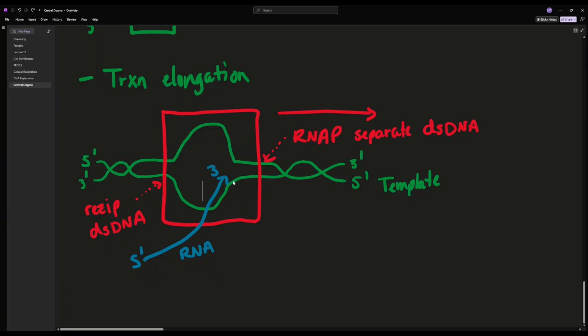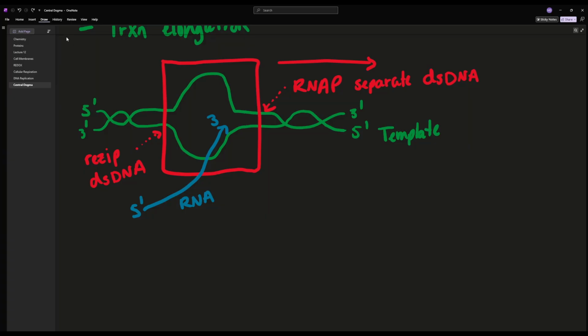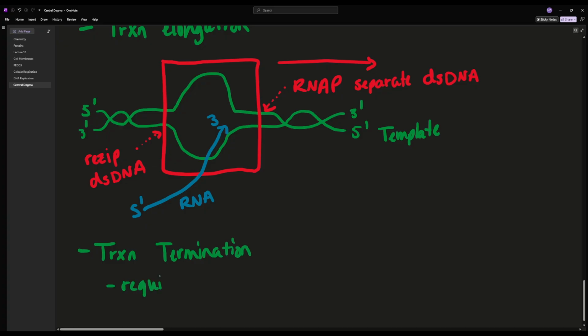All right, so in terms of how this stops, we have a few types, but generally, we're looking at transcription termination. Generally, this is going to occur at what's called the terminator. It requires a terminator DNA sequence.